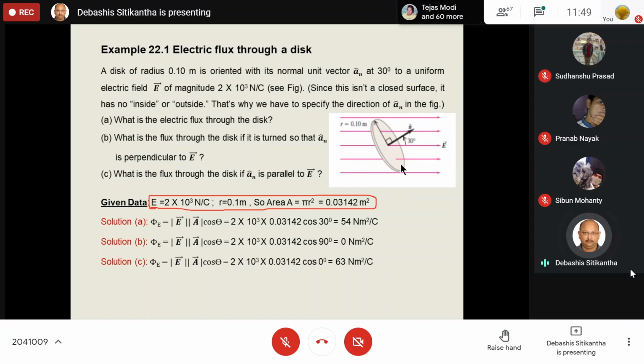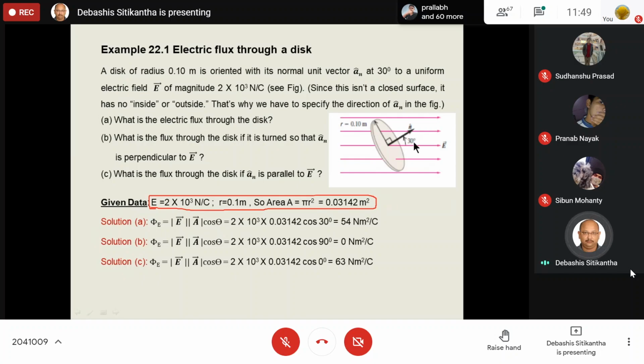Okay, this is the case where your electric field and the unit area are held at an angle. So the formula says that phi E is equal to modulus of E vector, modulus of A vector, cos theta, where theta is the angle between the unit vector of the area and the electric field.